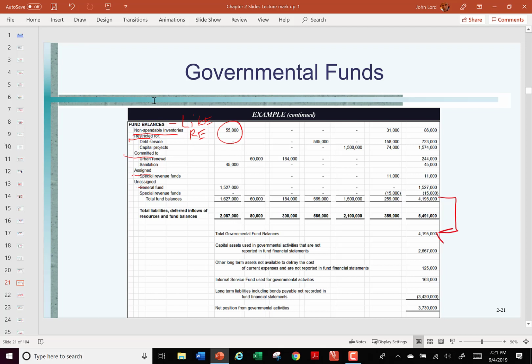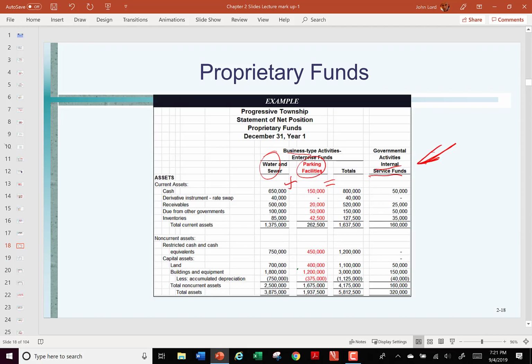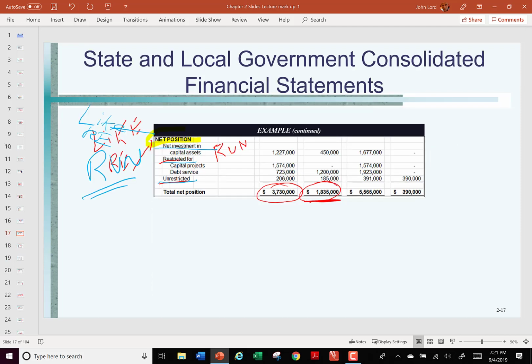So we start to adjust, and when we adjust, we come to the total net position from governmental activities, which you see down here. And so when you look at this whole thing, it ties back up to the government-wide net position, doesn't it? That's that little double arrow that goes back and forth.